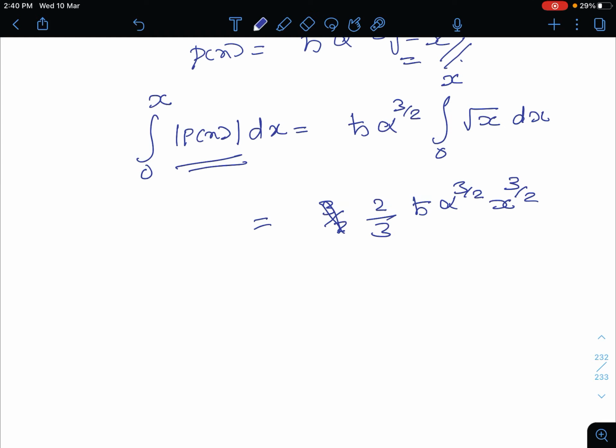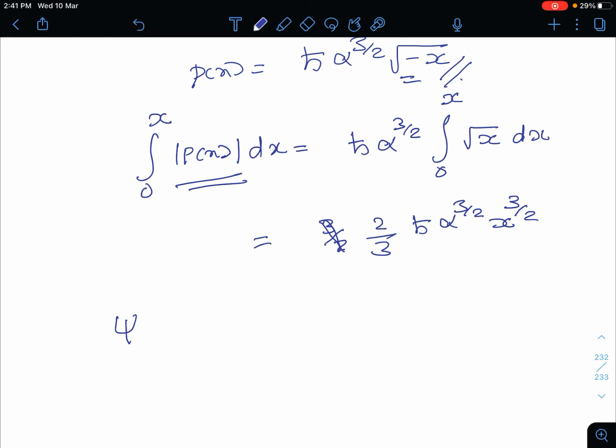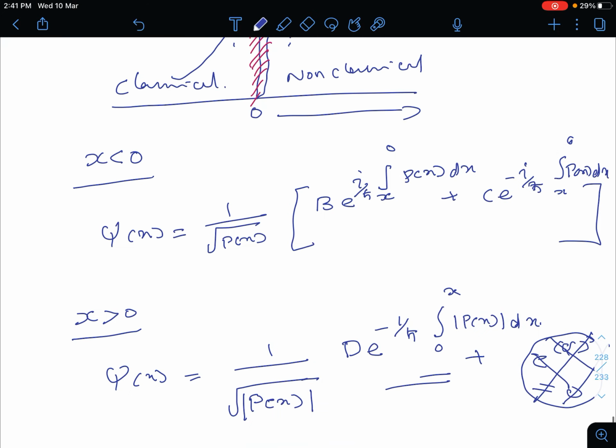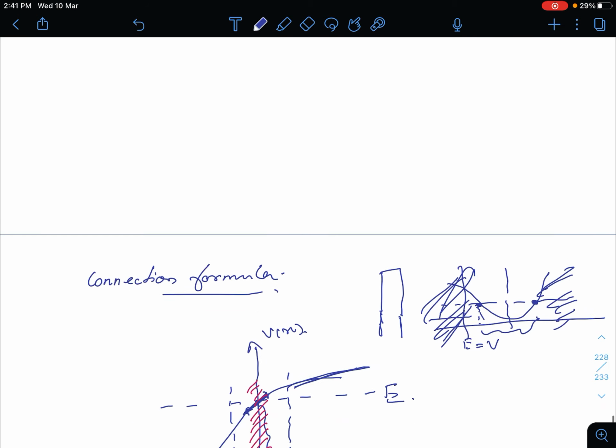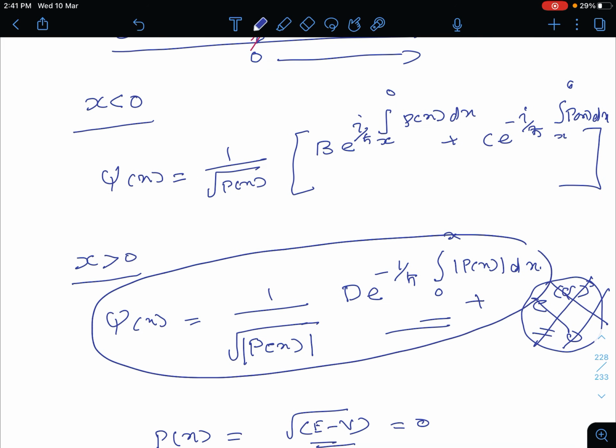Now what was the wave function there in this non-classical region on the right hand side? The wave function, we have written it I think somewhere here. I think the connection formula, yeah, this is the wave function on the right hand side, all right?